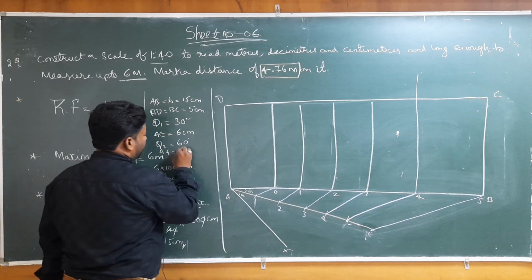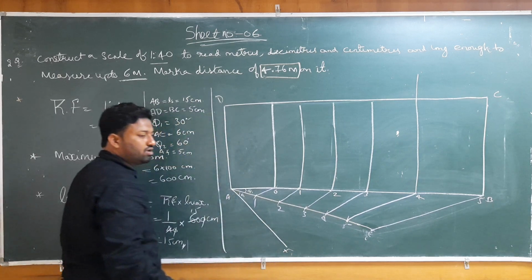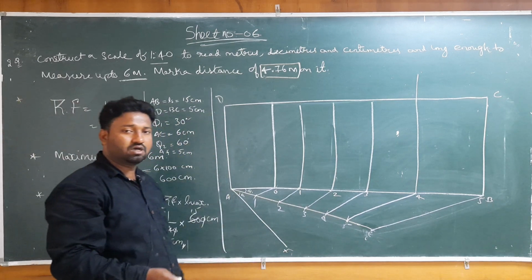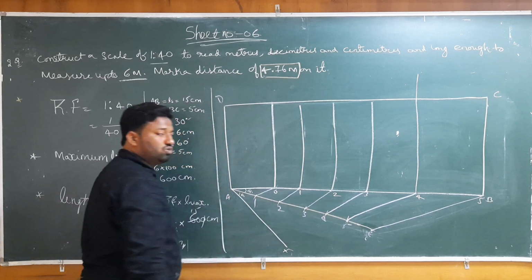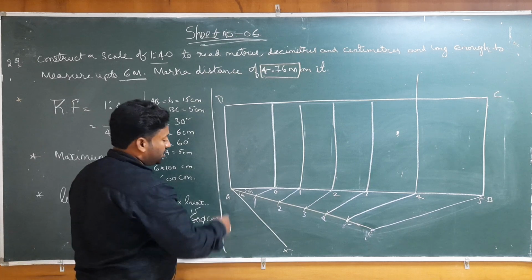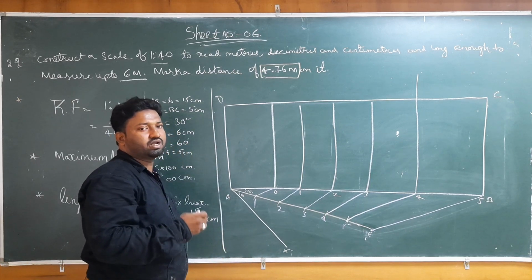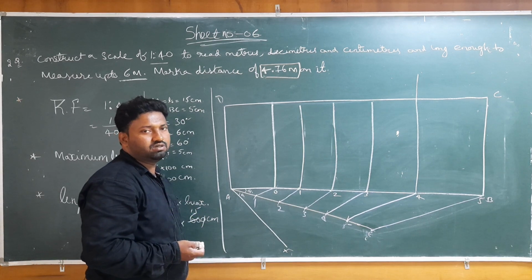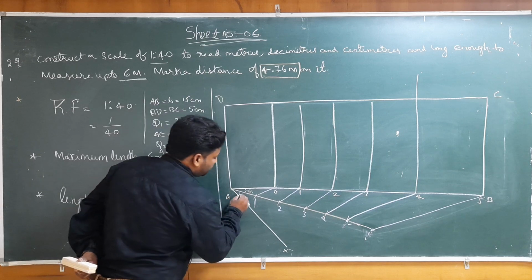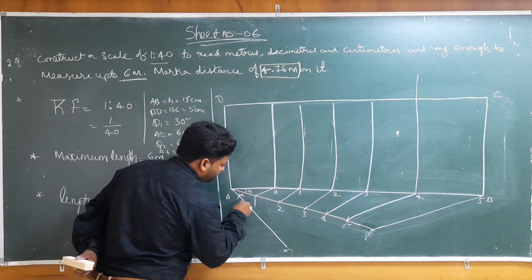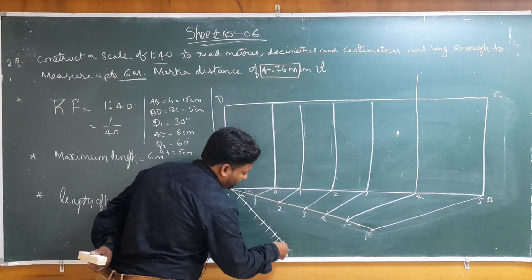Now here we will take it as 5 centimeter. AF is nothing but an inclined line drawn by making an angle theta 2 equal to 60 degree, and the length of AF is equal to 5 centimeters. If we divide this 5 centimeters into 10 equal parts, each part is 0.5 centimeter or 5 mm. 1, 2, 3, 4, 5, 6, 7, 8, 9 and 10.